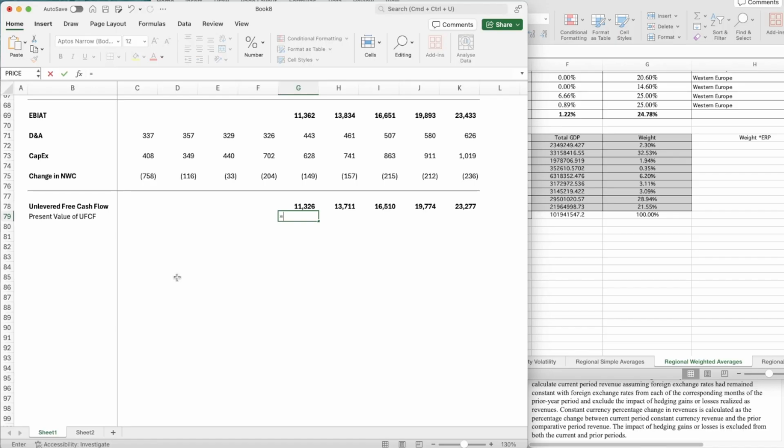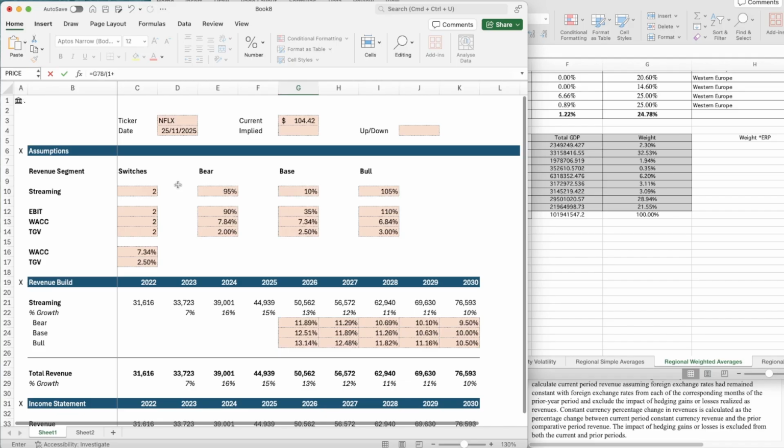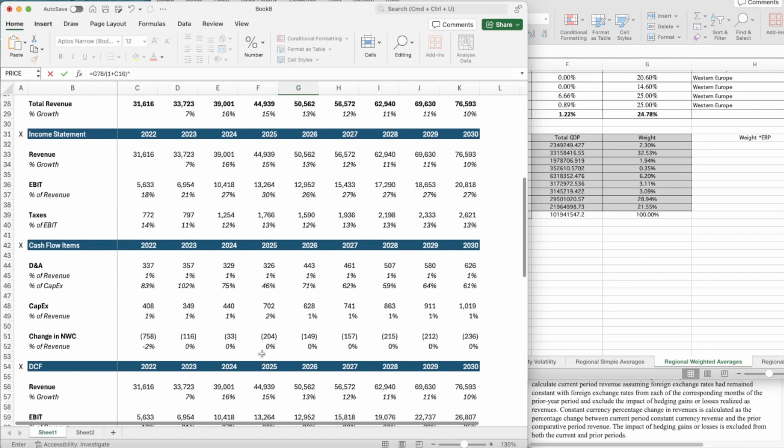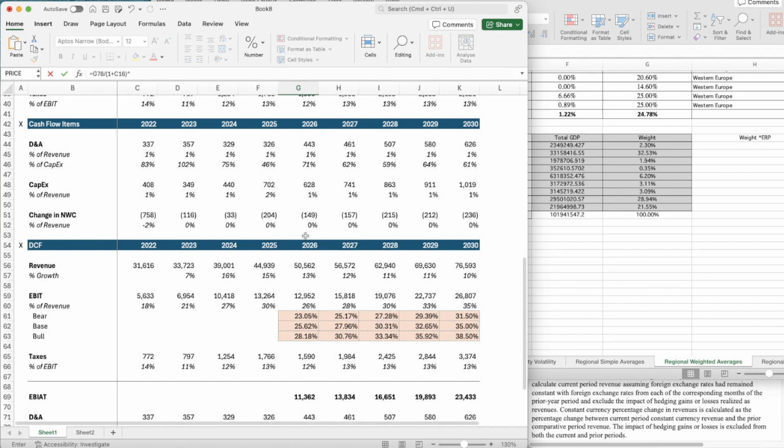So to find the present value of unlevered free cash flow, you take the unlevered free cash flow, divide it by 1 plus your WACC to the power. Okay, we need to put it as this cell here.